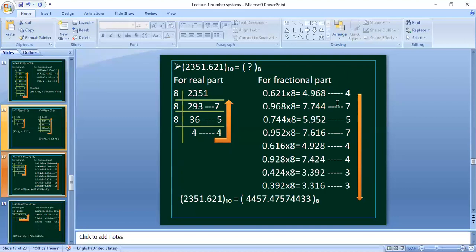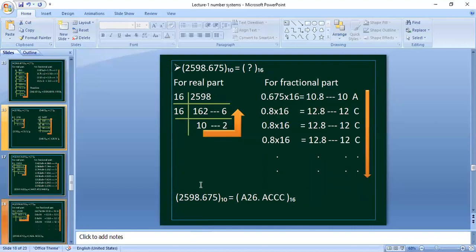This procedure is repeated until the fractional part of the product is 0, or till the desired accuracy is obtained. So this is the result for the given fractional part, and this is the equivalent octal representation for the given decimal number.